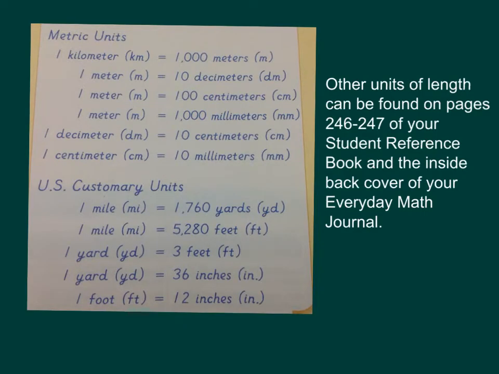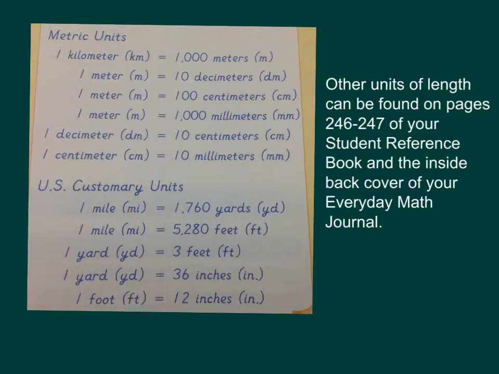Here we have a table of metric units and their conversions. And notice you also have the abbreviations. For kilometer, it is km. For meter, it is m. For decimeter, it is dm. For centimeter, it is cm. Millimeter is mm. And then we have the U.S. customary units.